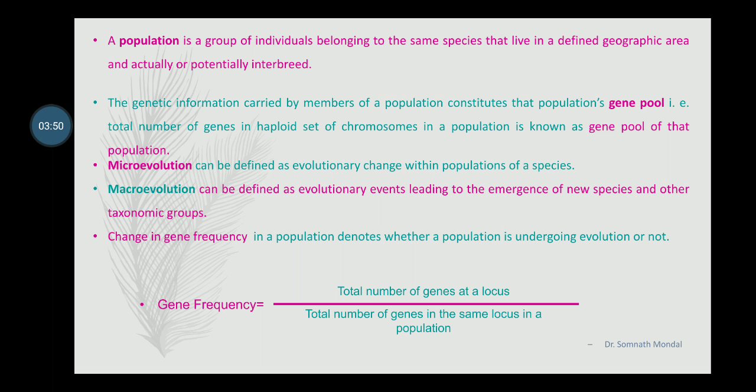Now, how to calculate gene frequency? Total number of genes of a given type at a locus divided by the total number of genes at the same locus in a population. Thus, we can calculate gene frequency. We will discuss a number of examples to explain this.